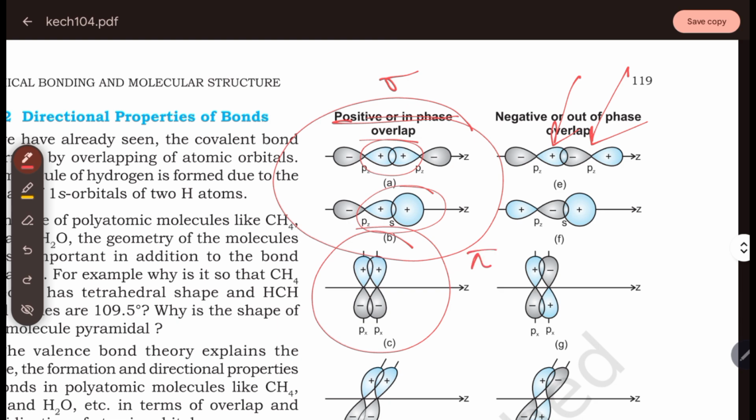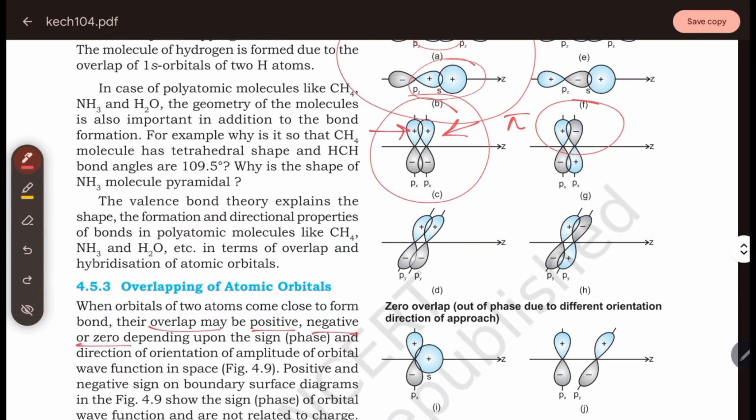However, again in a pi overlap, if the overlap occurs between same symmetry orbitals, then it is in phase or positive overlap. If it occurs between orbitals of different sign, different symmetry, they are out of phase overlap. So this is the sigma and pi overlap that has been shown.